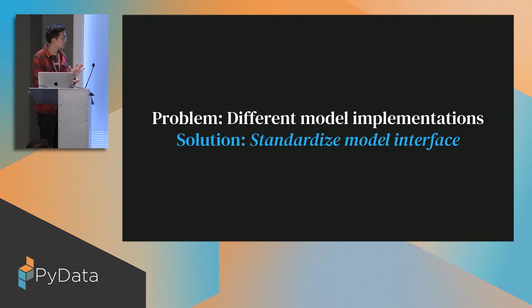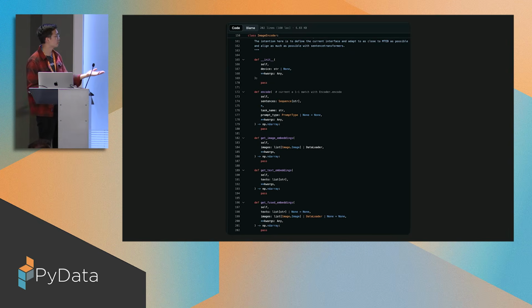So with this, what can we do? For the model implementation problem, we can standardize the model interface. It's not super exciting. You just essentially say, here are the inputs that we expect, here are the outputs, and here are the methods that we would like you to call. It looks kind of like this, where we want a specific method for image embeddings, text, and also the combined embeddings. So ideally, this would make eval much smoother, and we can plug in new models without having to tweak the code or rewrite any part of the pipeline.